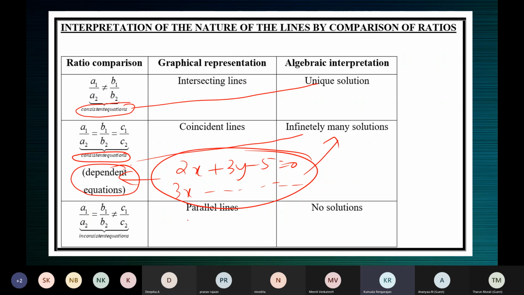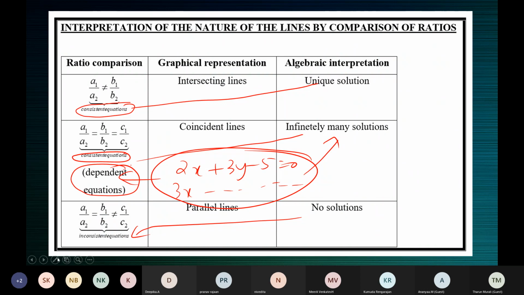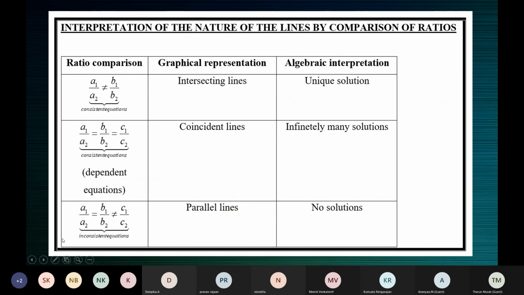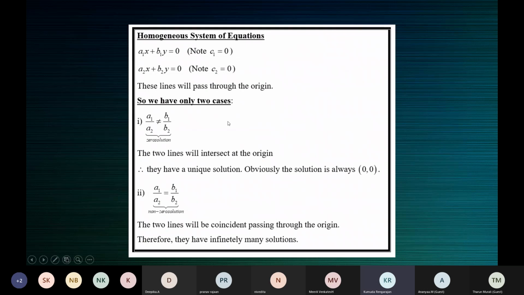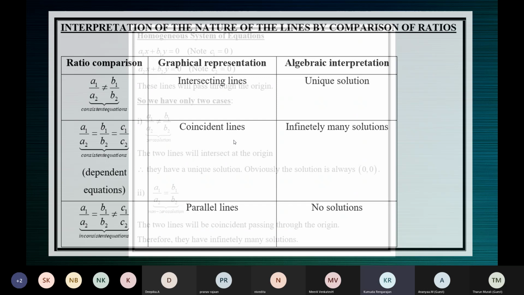And if they don't have any solution, the pair of equations is inconsistent. This one we'll discuss a little later, not in the next class, because we'll first work problems based on all this we have understood so far, and then we'll take up this.